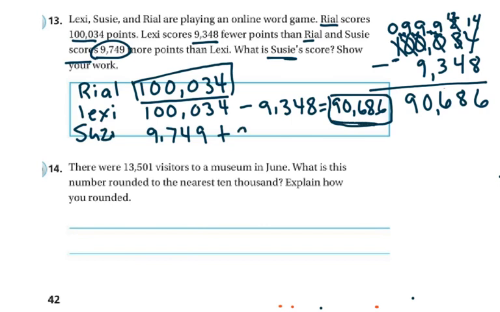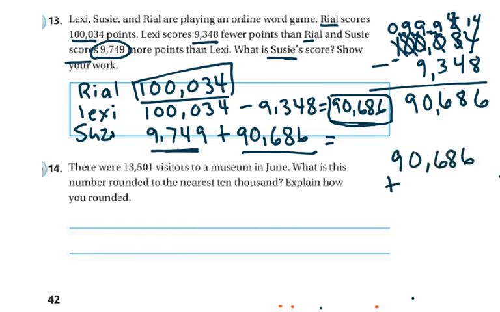And if that's Lexi's score, then I'm going to add Susie's extra points to Lexi's score to get her score. So 90,686 plus the extra because she scored more. Make sure you line them up. I almost didn't line that one up. That would have messed me up. So I have 9 plus 6, which is 15. 8 plus 4 is 12.